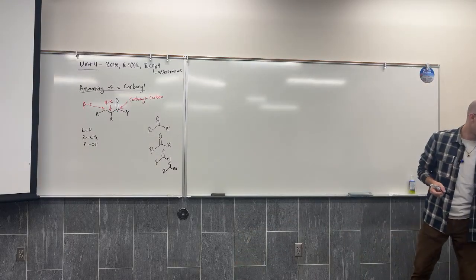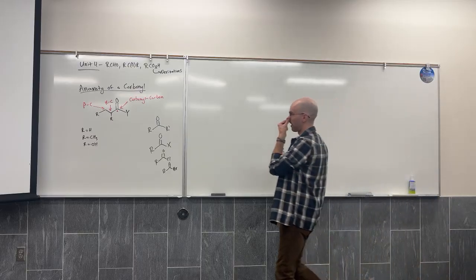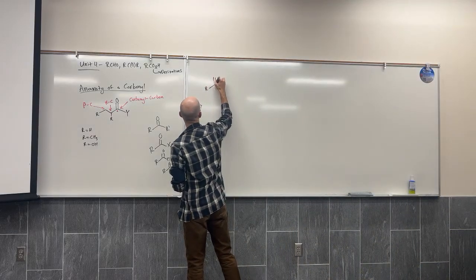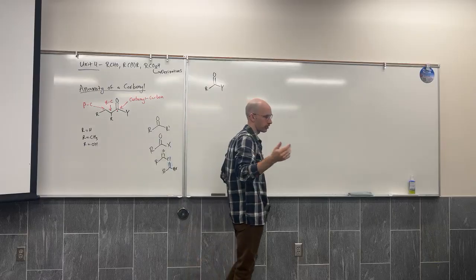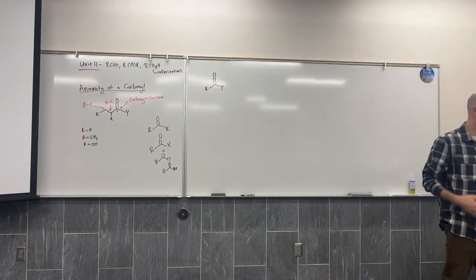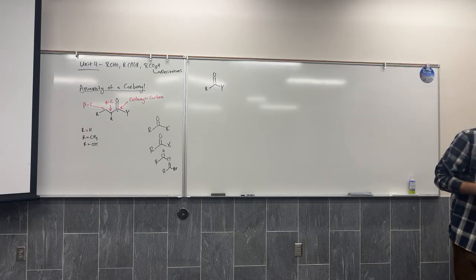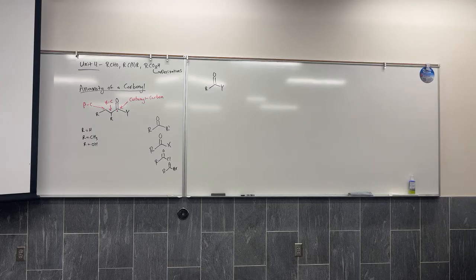The chemistry that we can expect from our carbonyls. Oh, the partial charge. What partial charges can I expect to see around my carbonyl? I can expect to see a partial positive. Where?